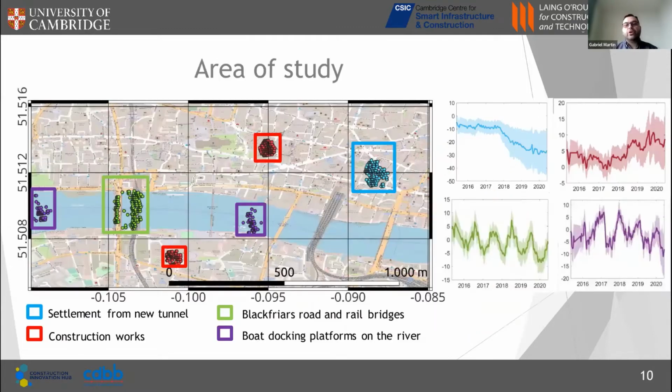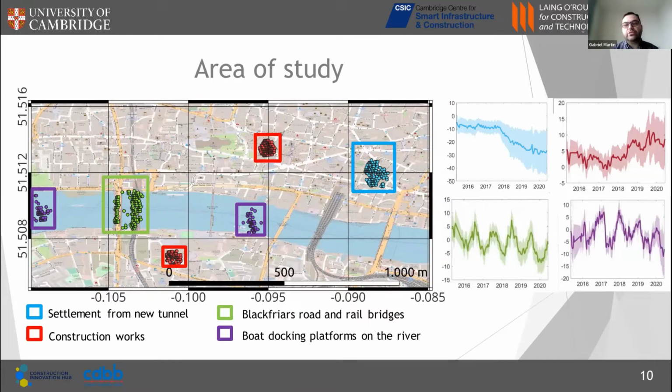But we also wanted to use this technology in a more complex environment, not only a very simple example like this. So in this area of study, the city of London, we have many things going on. For instance, on the right, at the Bank Metro station, there have been some tunneling activities over the period analyzed.